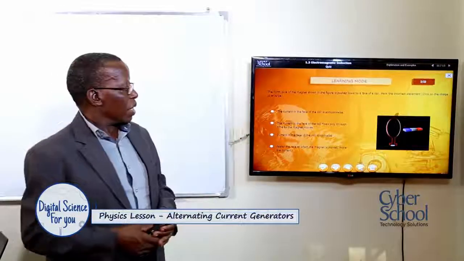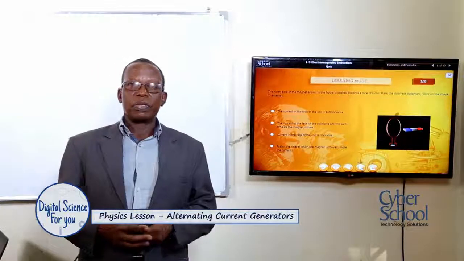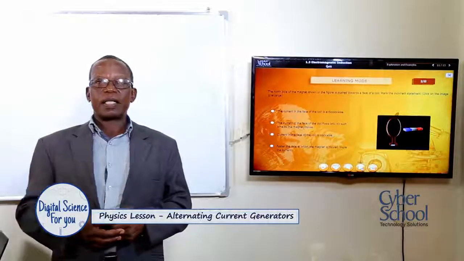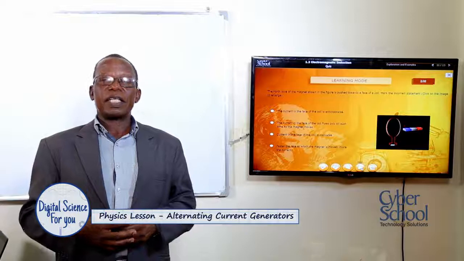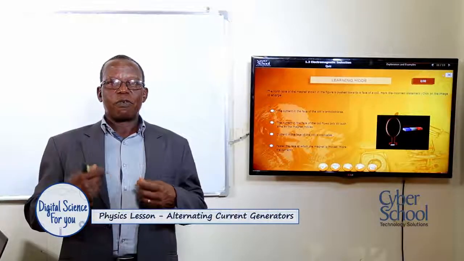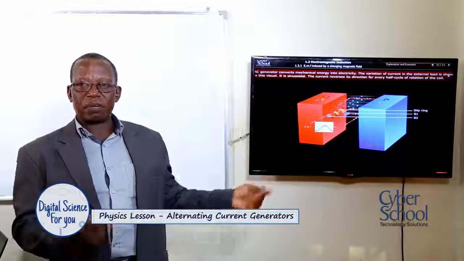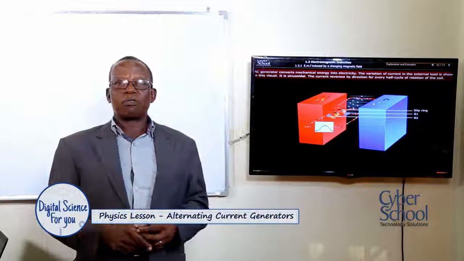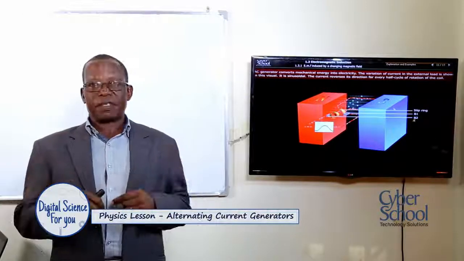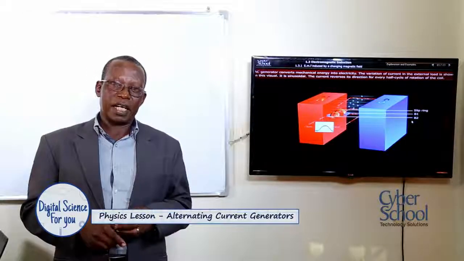So that is how we can use digital science to improve the learning and the teaching of science, because we as teachers find it very difficult, for example, to draw such diagrams like we have seen. And also the students cannot visualize what happens in the DC and AC generators.